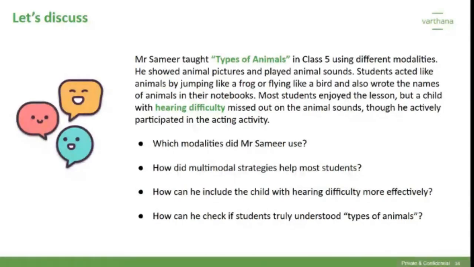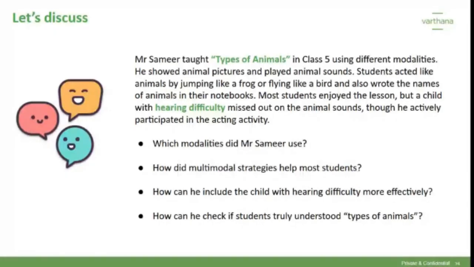Or a buddy system can be used, wherein the child is partnered with another student, and that student keeps supporting the student with the hearing disability. In this way we can give support, because the teacher cannot be involved all the time addressing each and every student. So buddy pairing helps here.